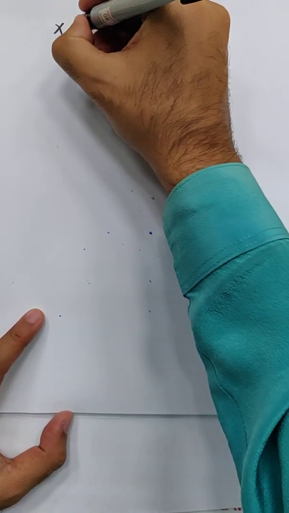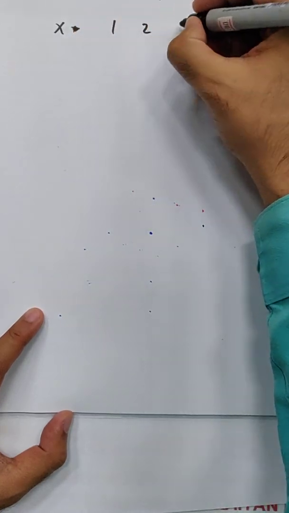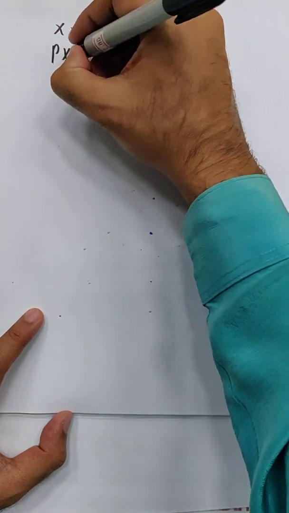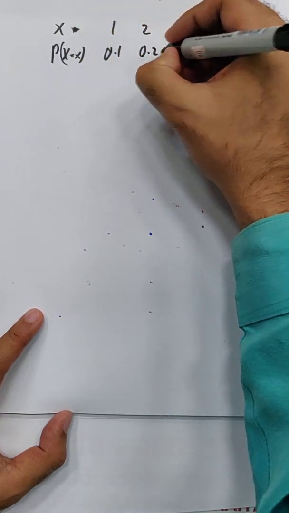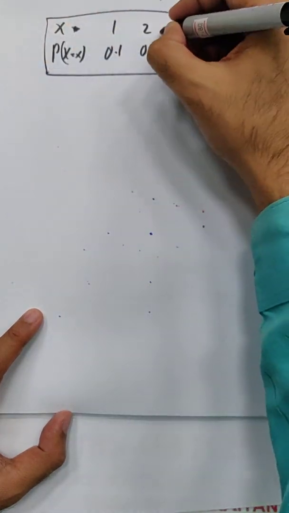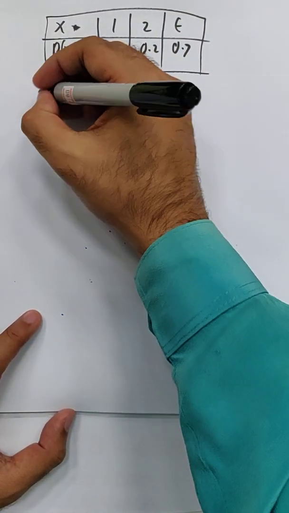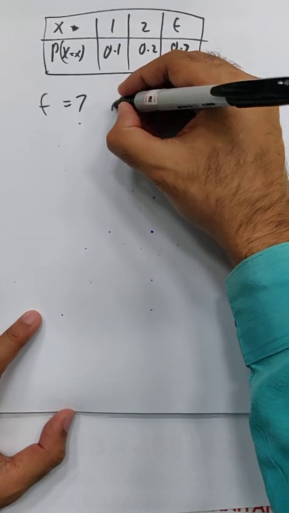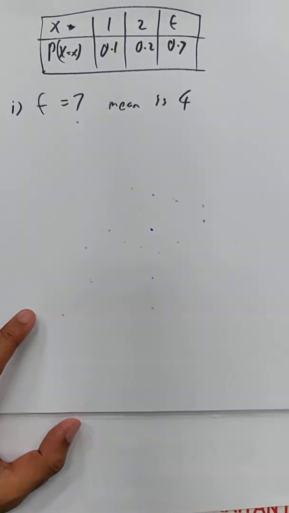Now, what if you are given something like this? Well, let's say this is not an IQ test. And I want to find the value of t. If I were told the mean is 4, how do you find it?